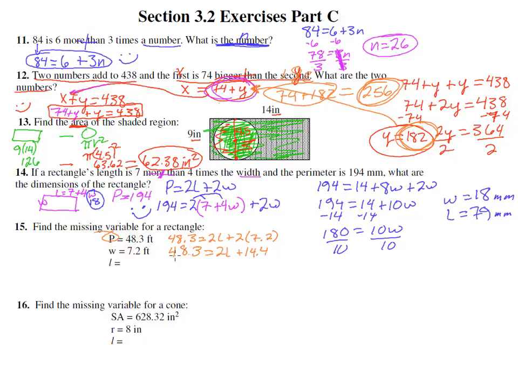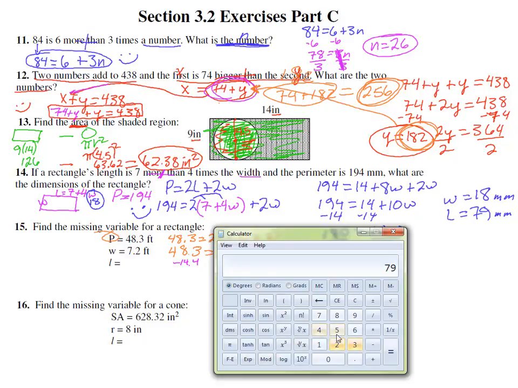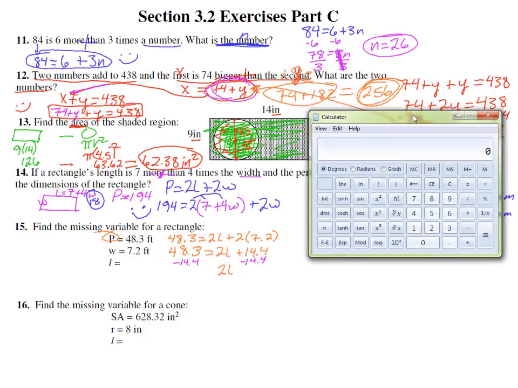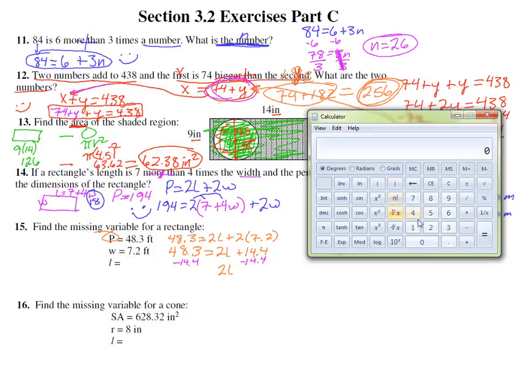As we subtract 14.4 from both sides, we get 2L equals, let's write that in really quick, that we subtracted it, minus 14.4 on both sides of the equation. And we get, on the calculator, 48.3 subtract 14.4.